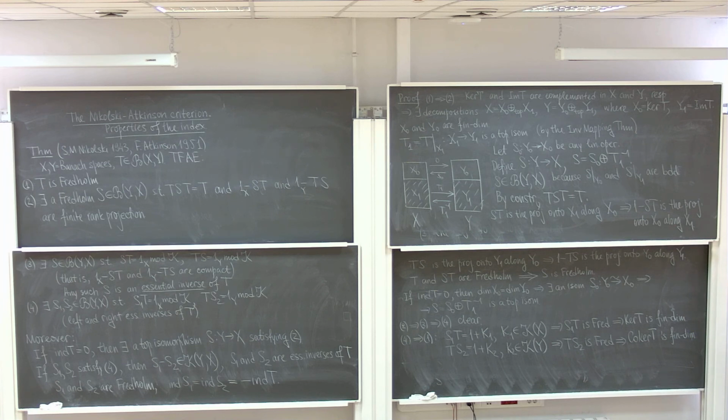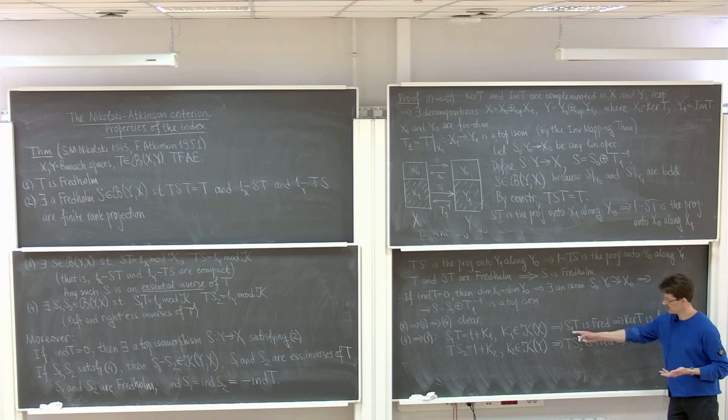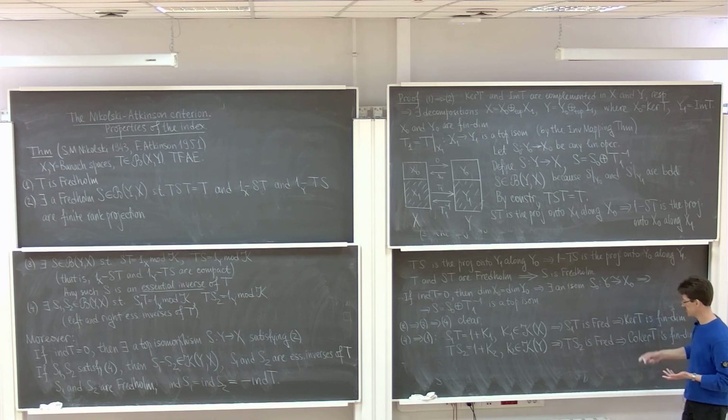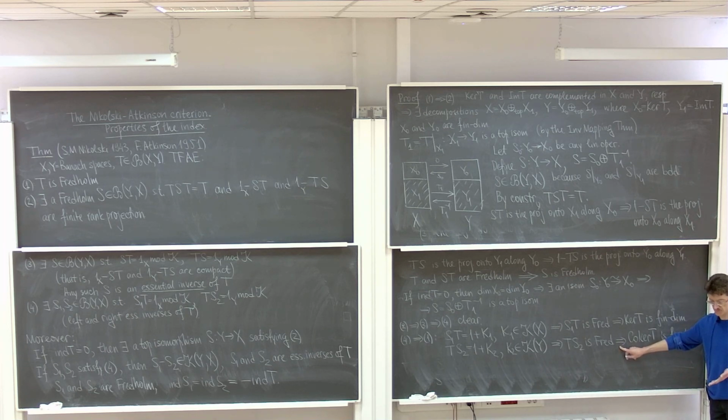How do we know that the kernel of S1 is finite dimensional? The kernel of S1 is not necessarily finite dimensional. So far, we don't know that S1 is Fredholm. But at this point, we don't need this, because the kernel of T is contained in the kernel of S1T. And since the kernel of this operator is finite dimensional, this implies that the kernel of T is finite dimensional. Maybe this implication is less obvious, but we have proved this some time ago.